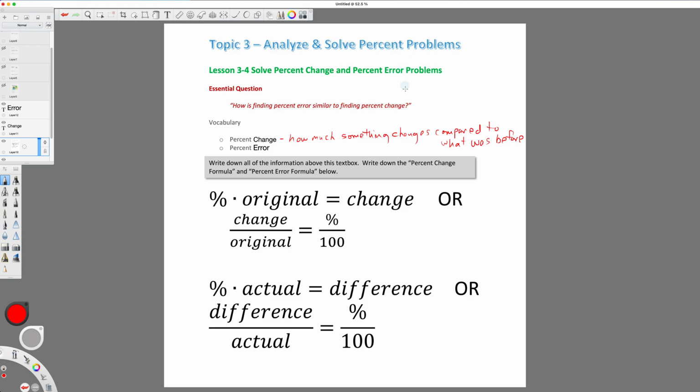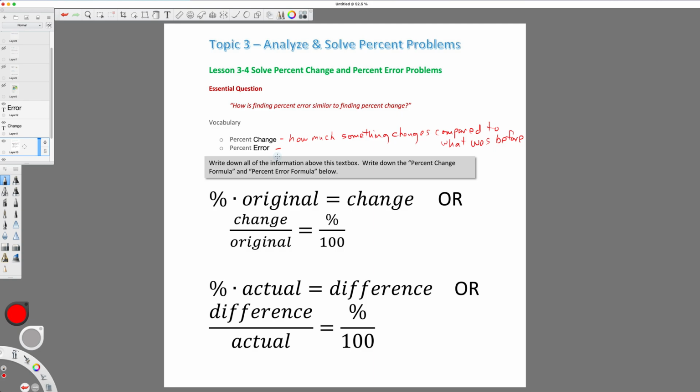And then a different but very related idea is percent error. Percent error, the essential question here is how is it similar to finding percent change? Well, you'll see from our little formulas here that it's very, very similar. A lot of times people think error and they think a mistake, but really anytime I am measuring something, it's never an exact thing.